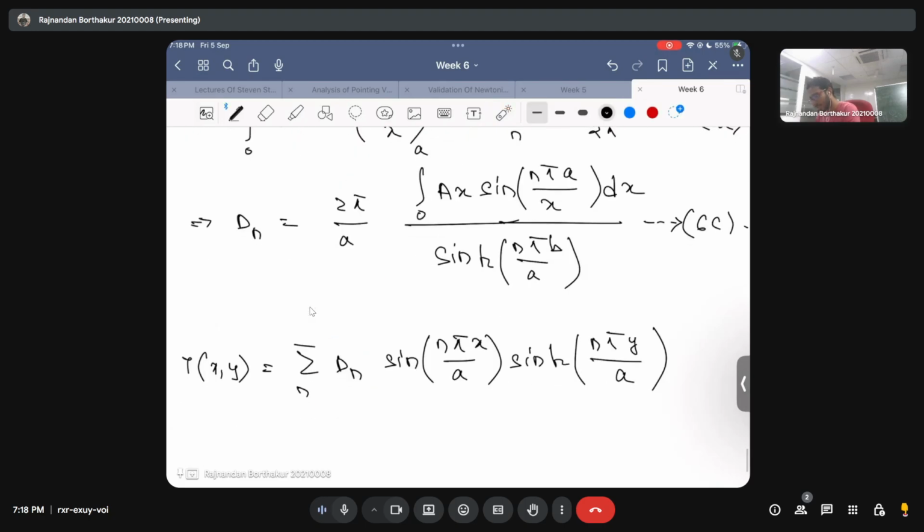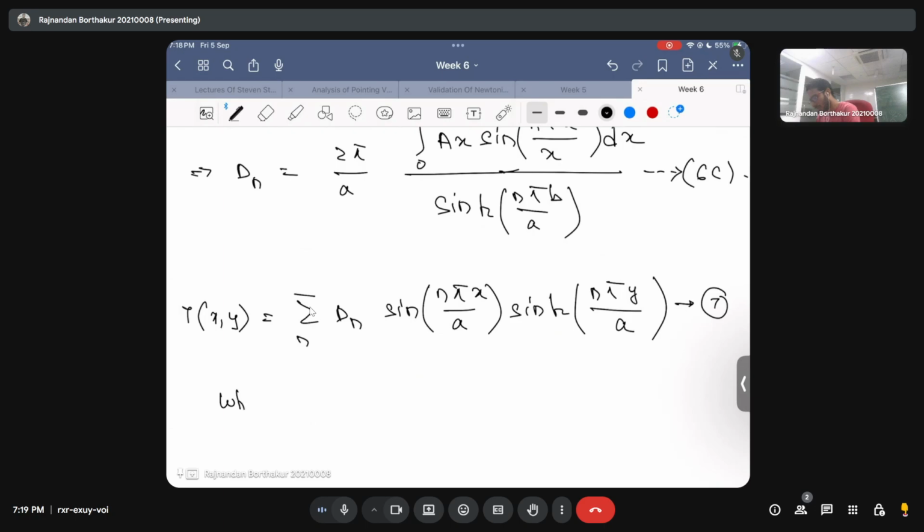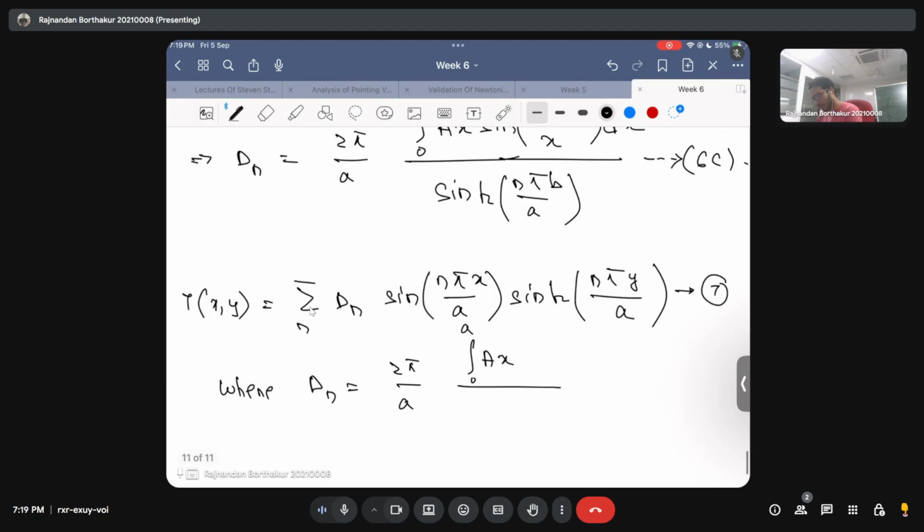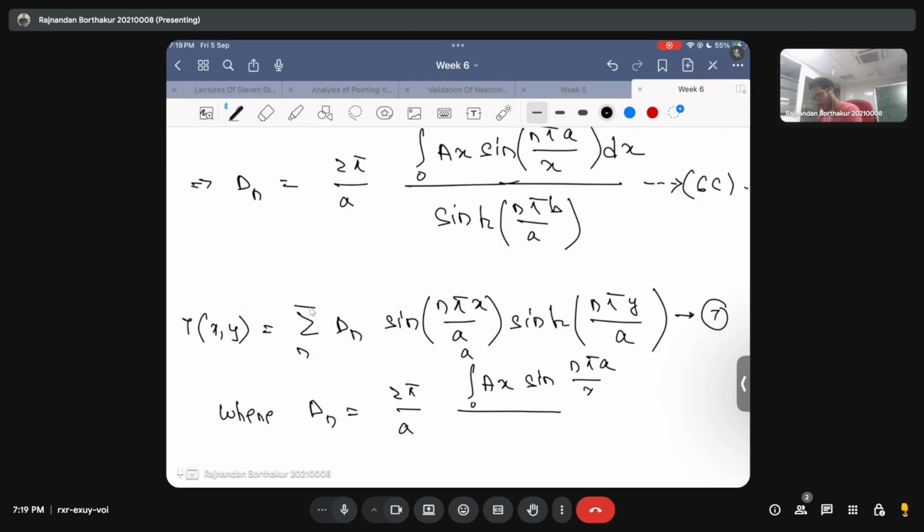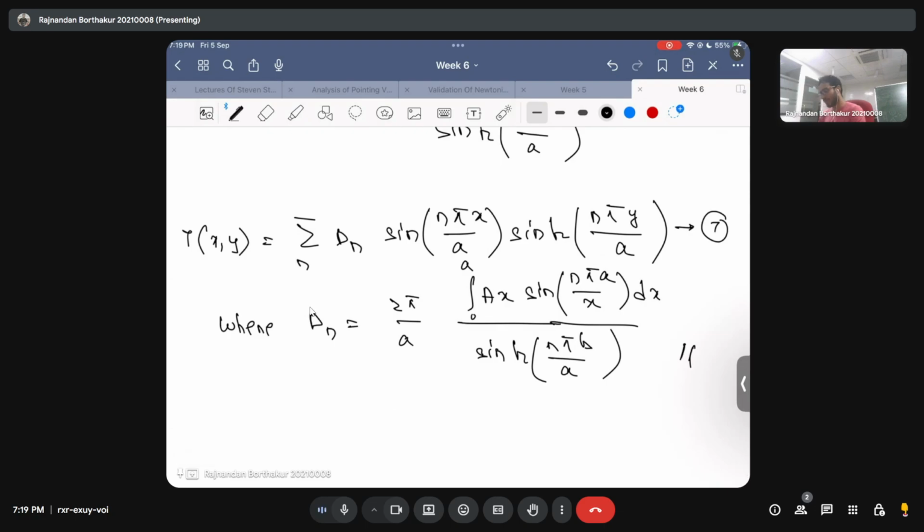So this is, maybe I should call it equation 7, the final form, where the unknowns dn, which we evaluated by using the orthogonality principle, is just 2 pi by a, then this integral from 0 to a ax times sine n pi x by a times dx by sine hyperbolic n pi b by a. That's the solution for your temperature profile.